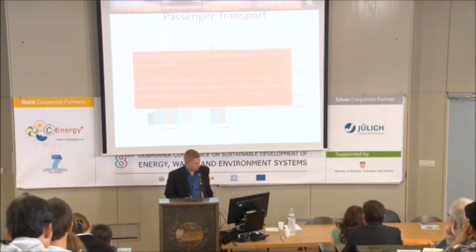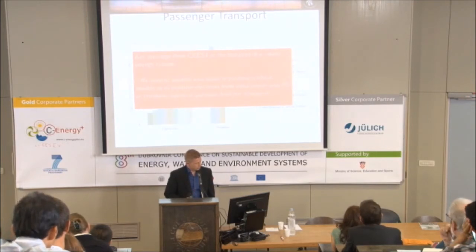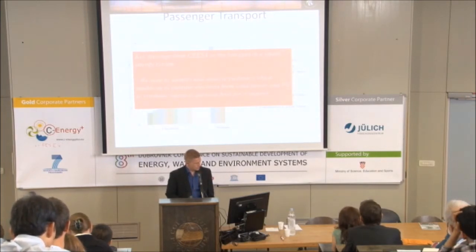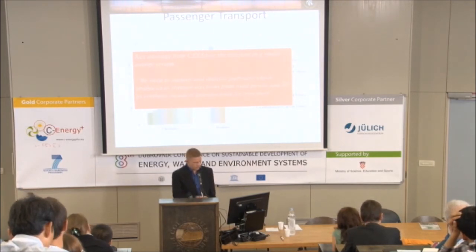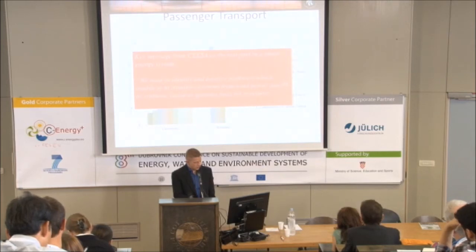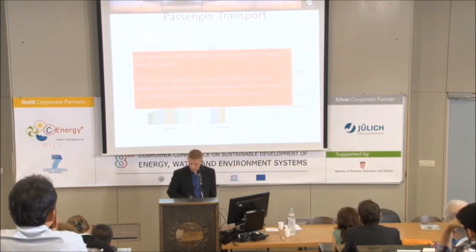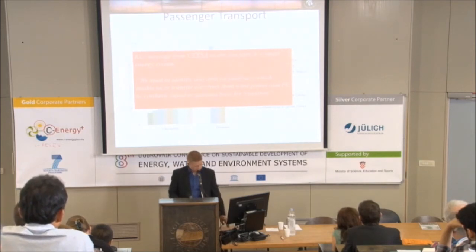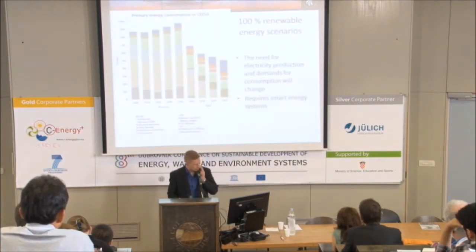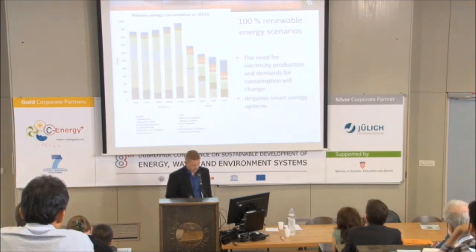From CESA we have a message here. We need to identify and analyze pathways which enable us to transfer electrons from wind power and PV to synthetic liquids or gaseous fuels for transport. So we have done that, and we have tried to integrate it into an energy system. And you can see the energy system here.